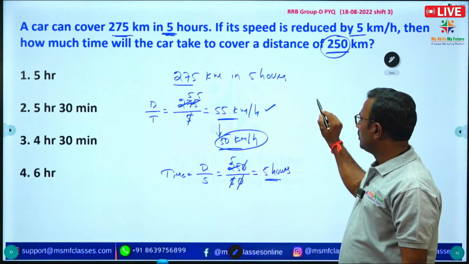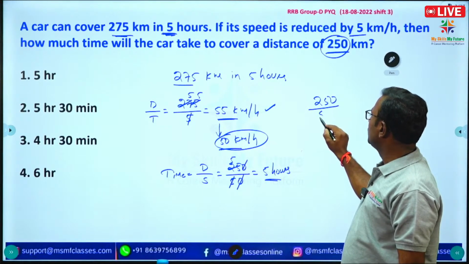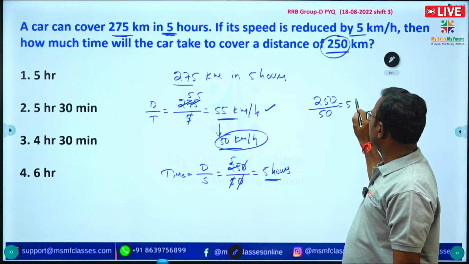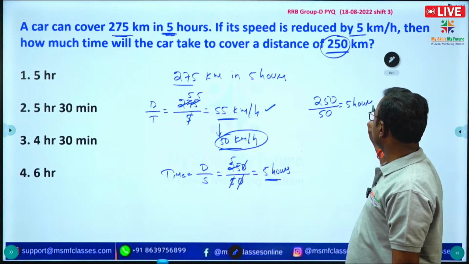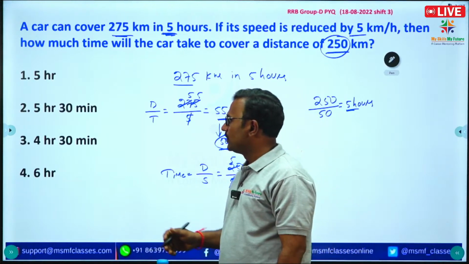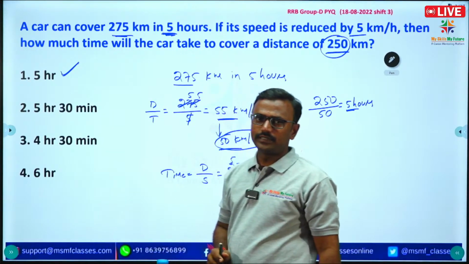So 250 kilometers is the distance, the speed of the car is 50 kilometers per hour, so the time is 5 hours. See, option 1, 5 hours, option 1 itself is correct. Okay, right.